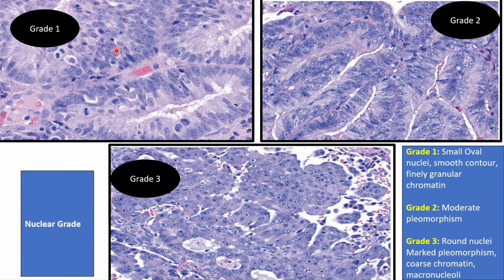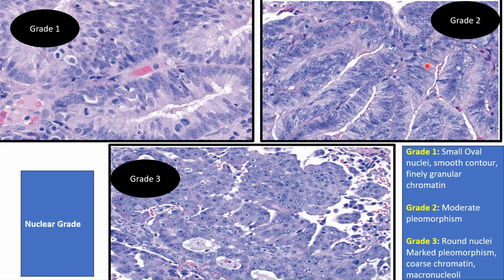So here we can see nuclear grading, grade 1, 2 and 3. Grade 1 shows small oval nuclei with smooth contour, finely granular chromatin.